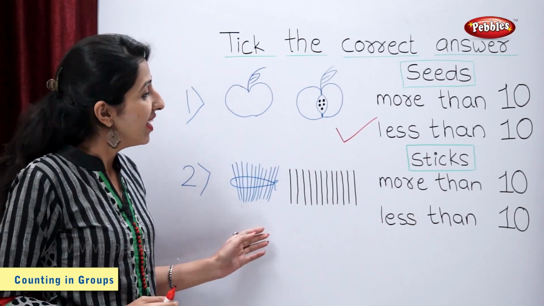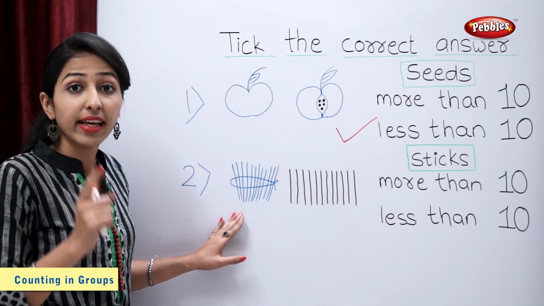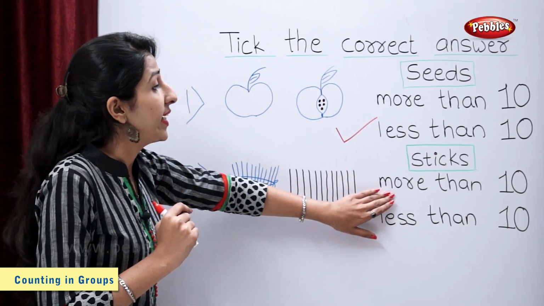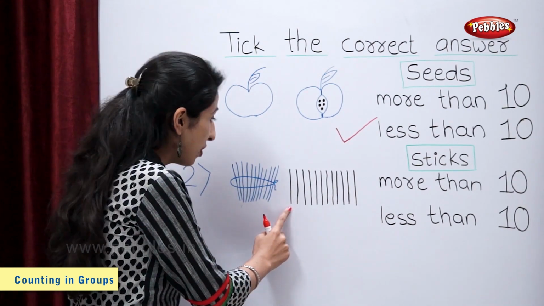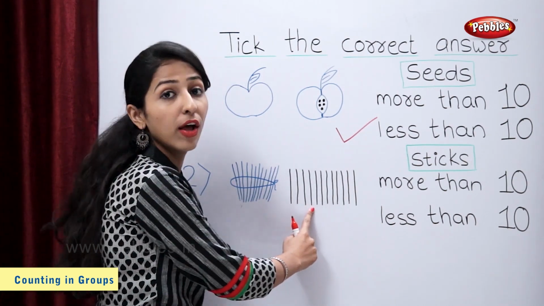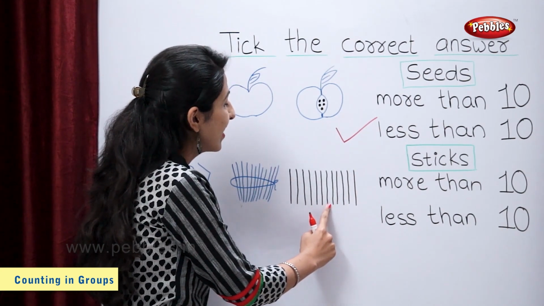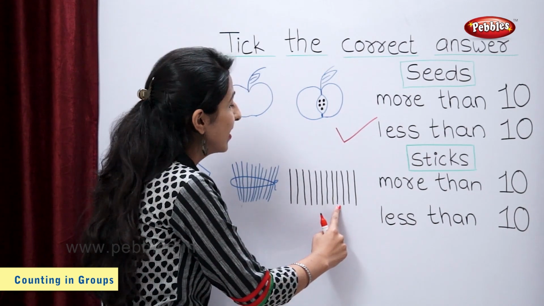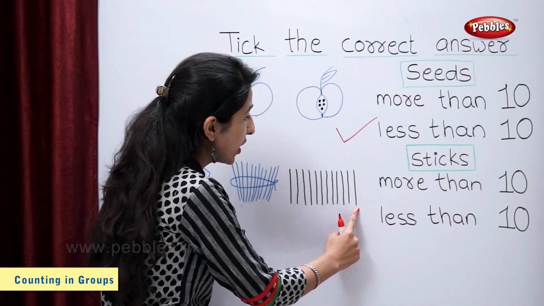Now let us solve this example. Sticks. This is a bundle of sticks. Let us find out whether they are more than 10 or less than 10. Let's count. 1, 2, 3, 4, 5, 6, 7, 8, 9, 10, 11 and 12.